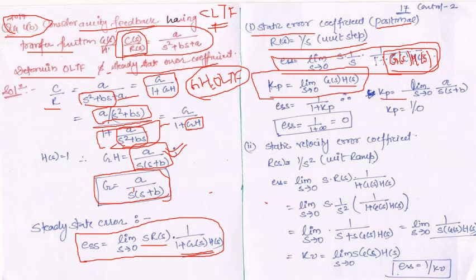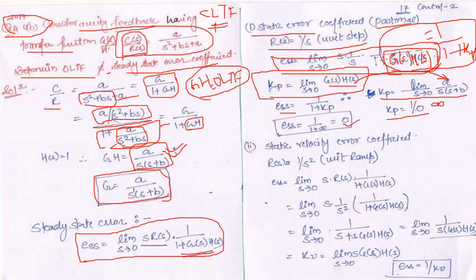I am writing that G(s)H(s) is a divided by s into s plus b. Substituting the limit, you will find Kp is equal to infinity. ESS is identified as 1 upon 1 plus Kp. This equation gives the same thing, 1 upon 1 plus Kp. And Kp is infinity. Obviously 1 plus infinity is infinity. Inverse of that is 0.